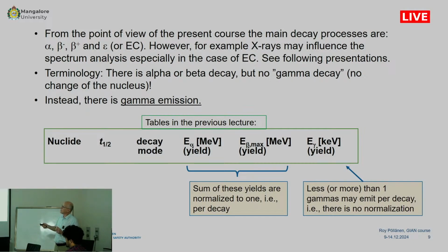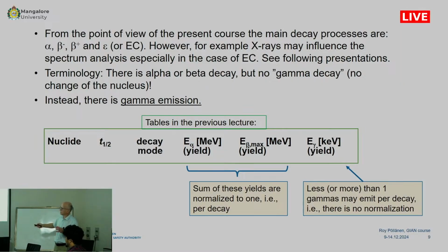So you have to understand this. I already explained. So there is alpha or beta decay, but no gamma decay. No change of nuclides. Instead, there is gamma emission. So in the previous tables that I showed you in the presentations, some of these emission yields are normalized to 1.